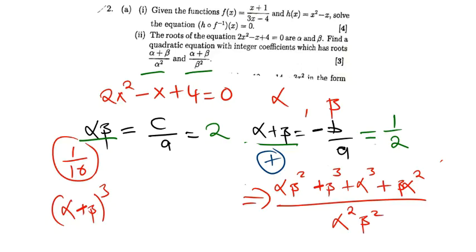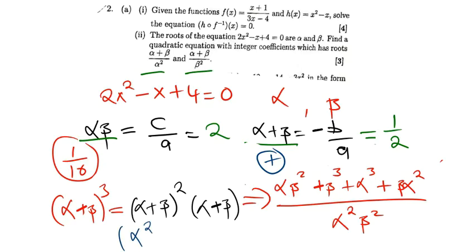Let me show you the other route instead. So the other route is, I told you to say alpha plus beta squared. This can easily be expanded, and then you multiply by alpha, multiply by beta, right? So alpha plus beta squared is something like alpha squared plus 2 alpha beta plus beta squared.